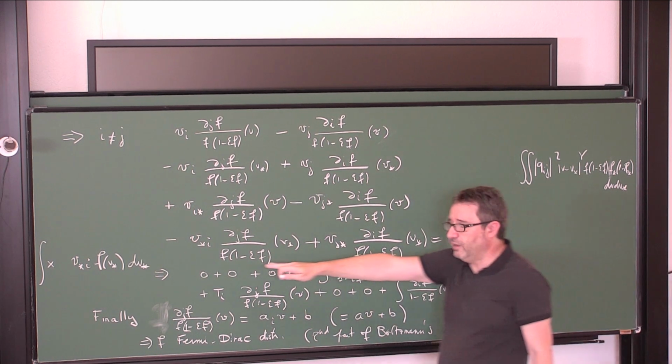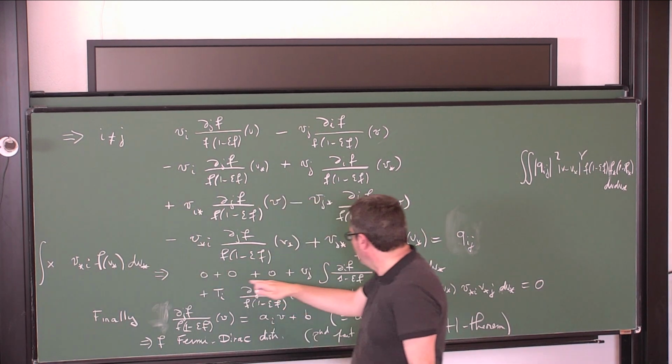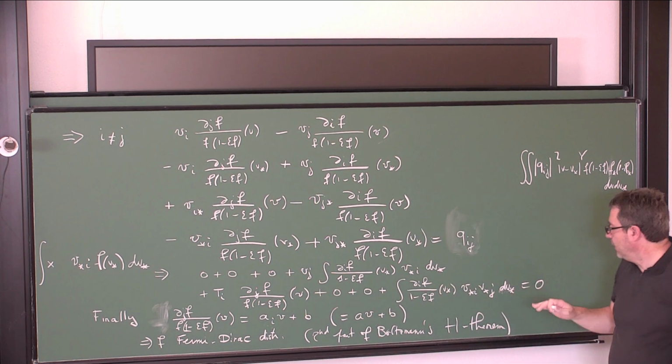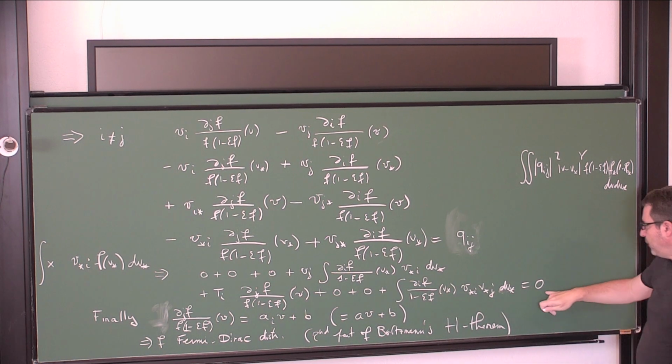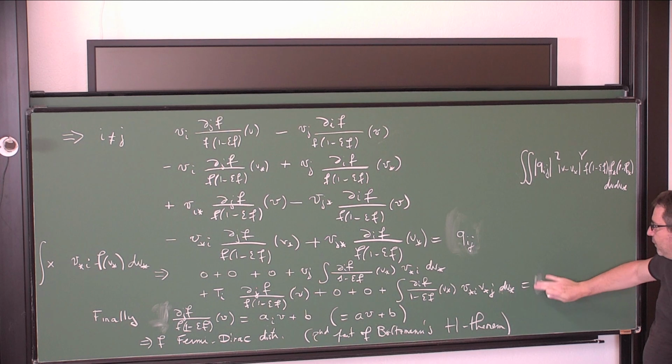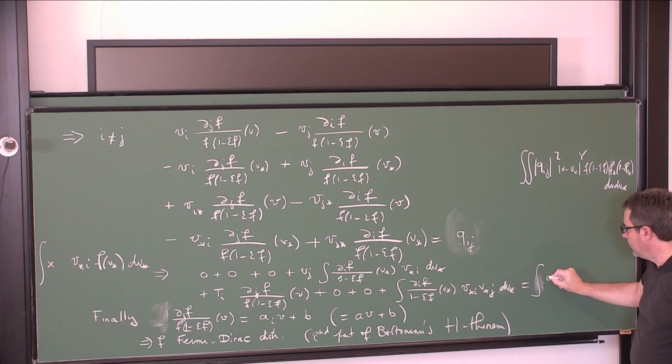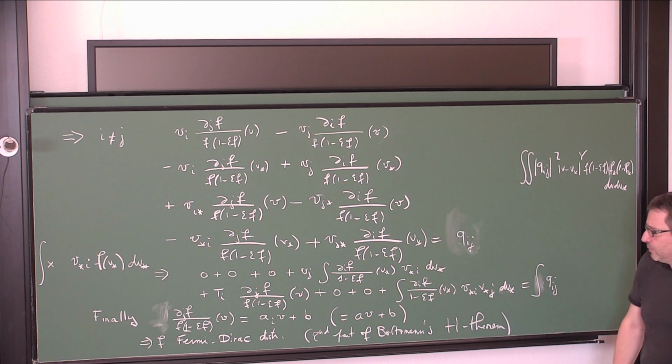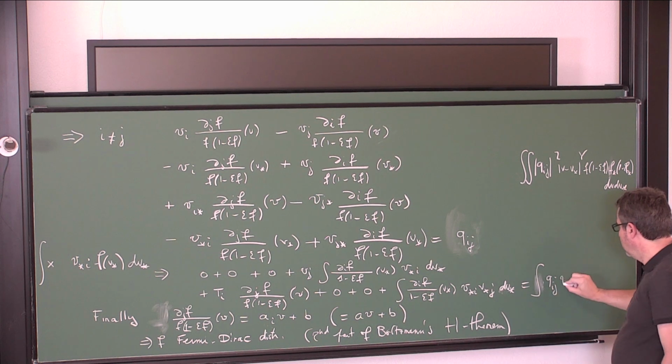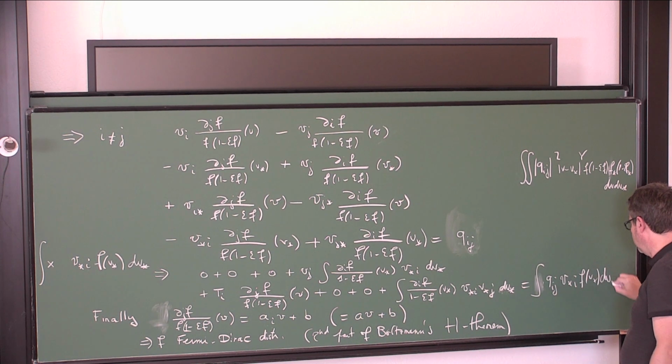So you do exactly this, and all the terms which are 0 remain 0, and the only thing that changes is that here, instead of having 0, you get the integral of Qij times V*_i f(V*) dV*.